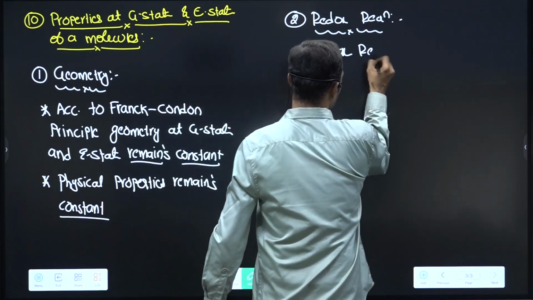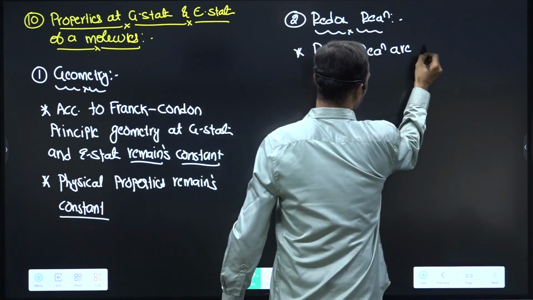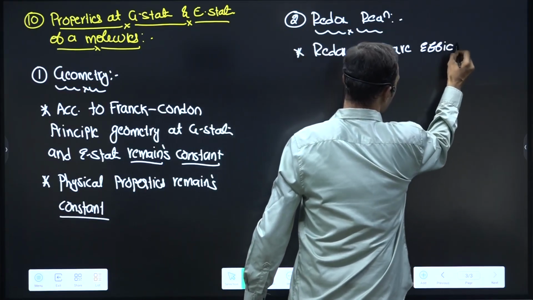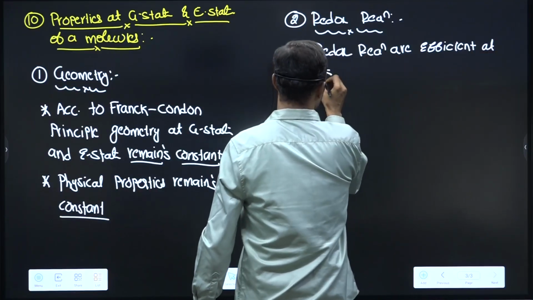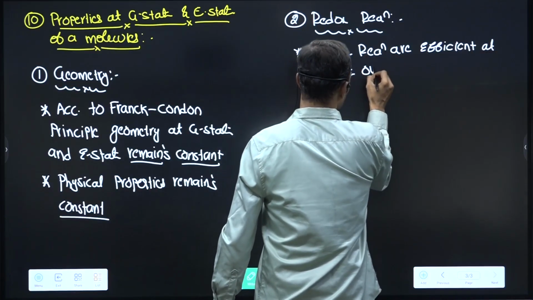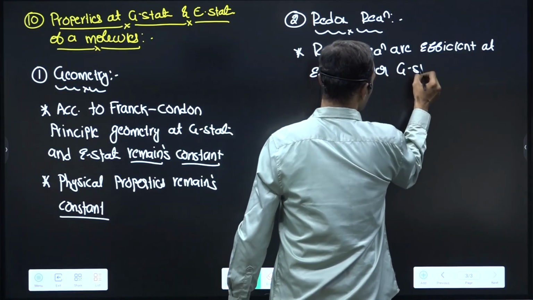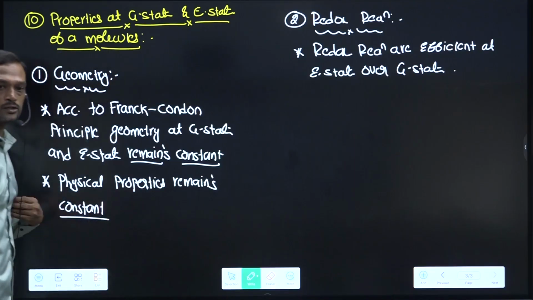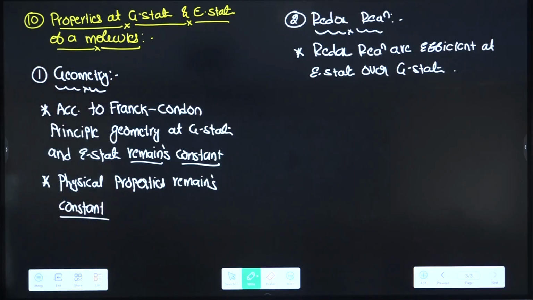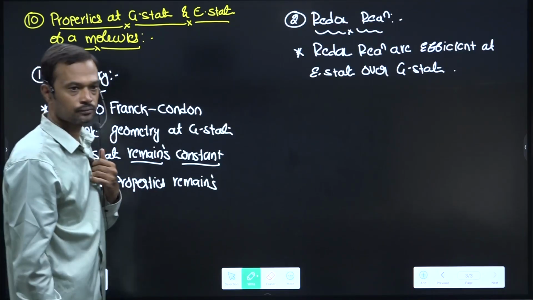See, redox reactions are efficient at the excited state over the ground state. Is it right? As compared to the excited state, the ground state has less efficient redox reactions.